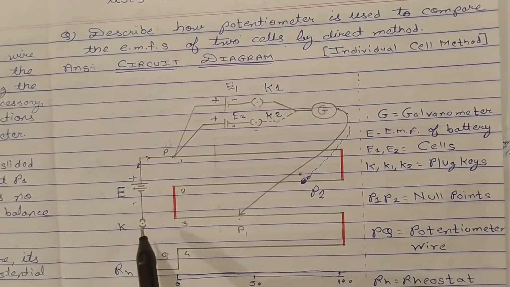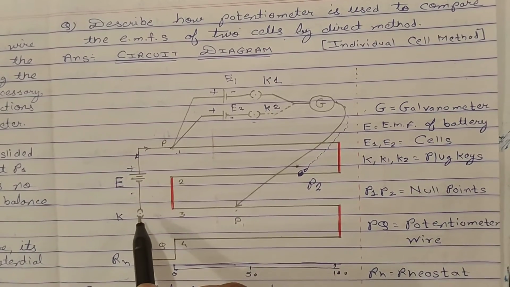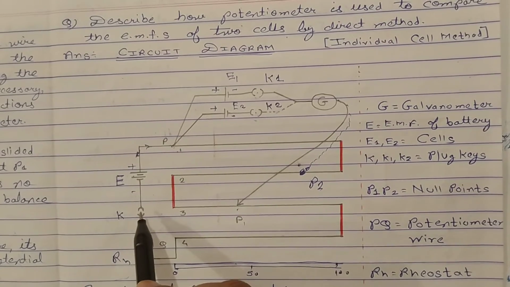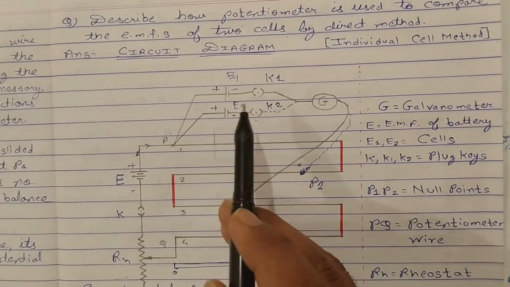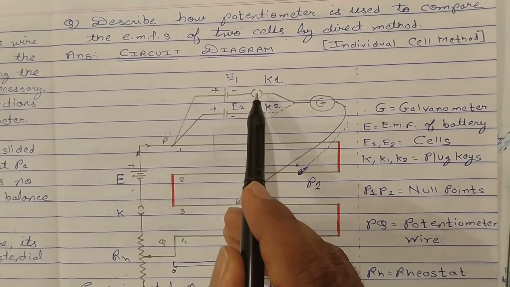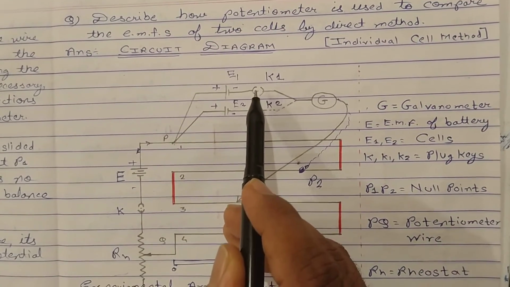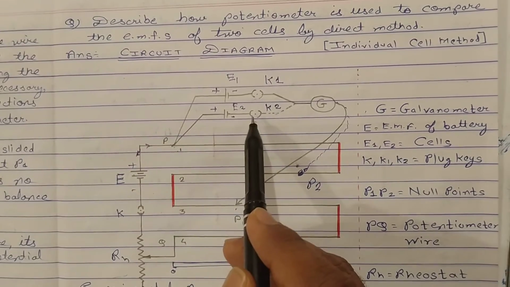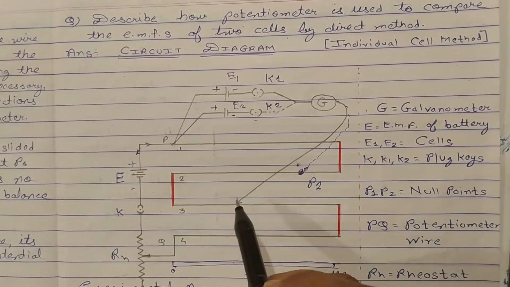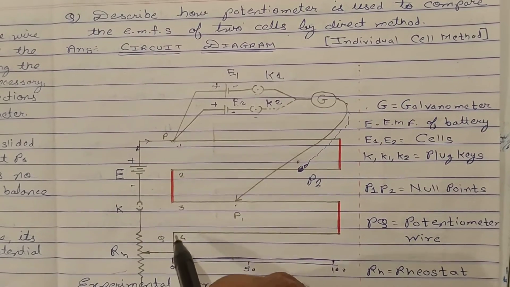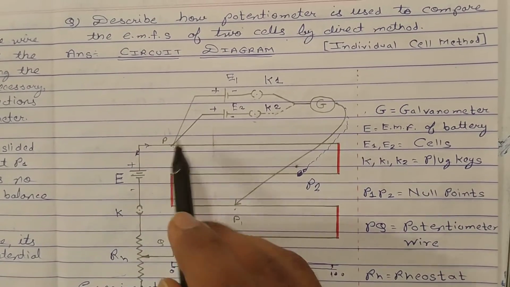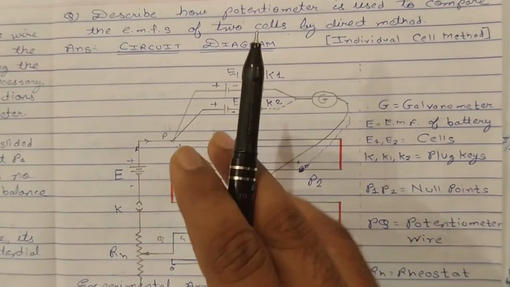Students, initially we are going to insert a key into the plug key K. At the same time, you insert a key into the plug key K1. Keep K2 open. Now connect the jockey to the point P as well as point Q. When you connect to the point P, galvanometer will show some deflection.